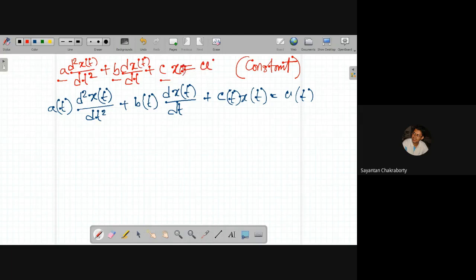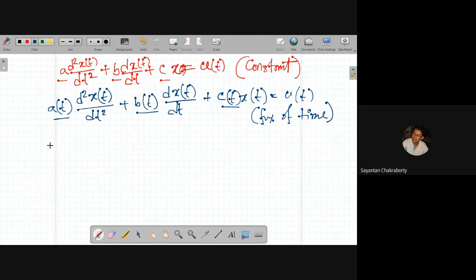Otherwise, you would get confused. So in the second case, see, the differential equation coefficients are not constants. They are functions of time. The time is normally regarded as an independent variable. Okay, so the differential equation coefficients are functions of an independent variable time.